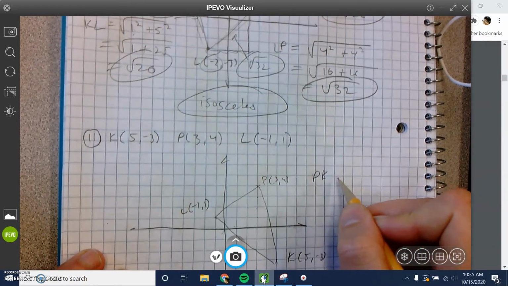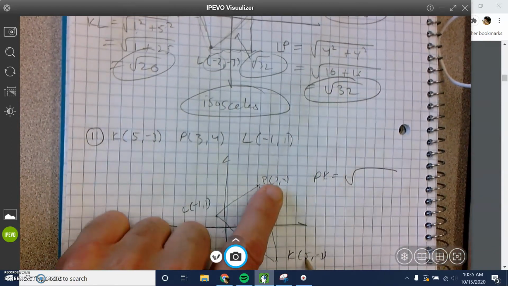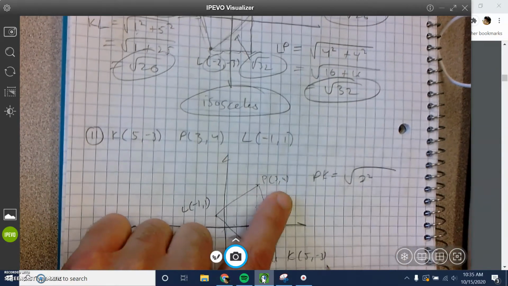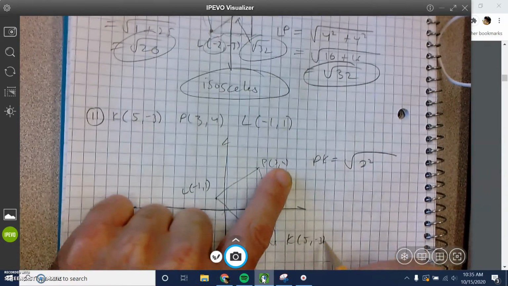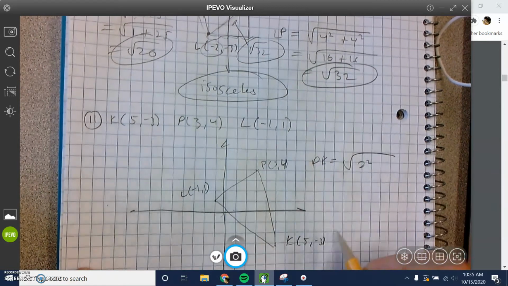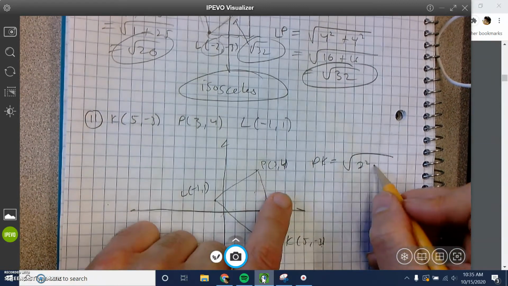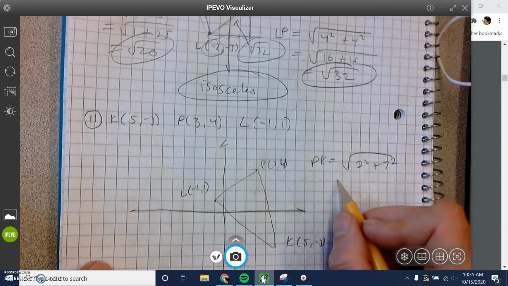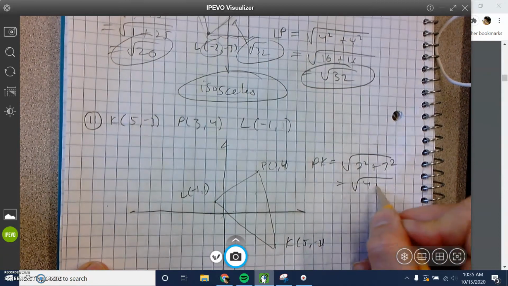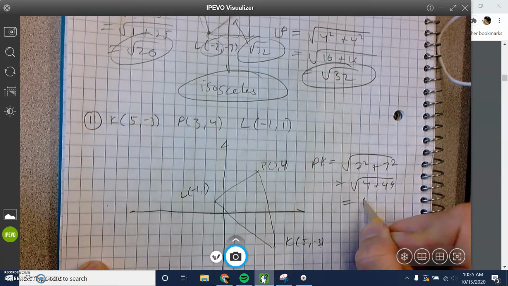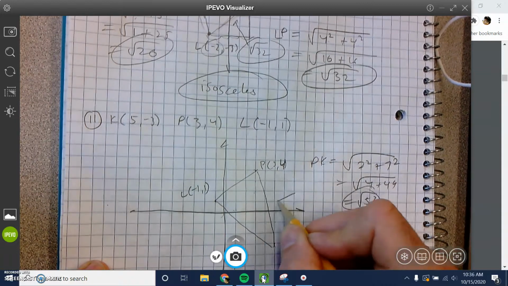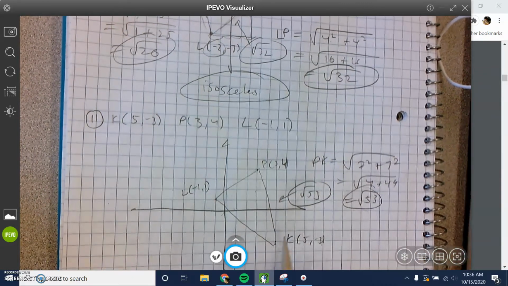So PK, or KP, is 3 to 5, which is 2. And 4 to -3, which is 7. So 2 squared is 4 plus 49, which is square root of 53 is this side. Got it.